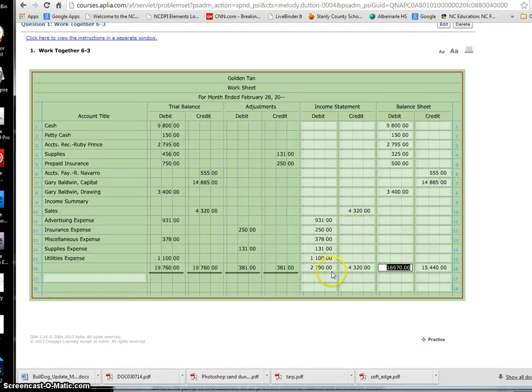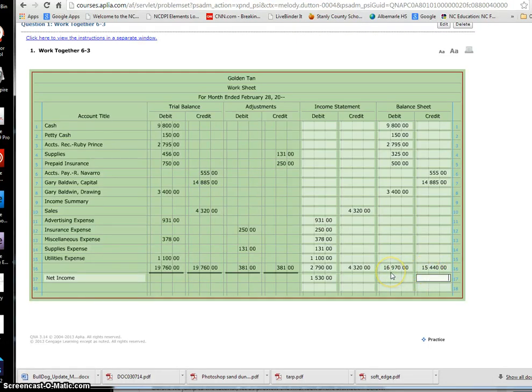If sales are greater than expenses, you have net income. So we're going to record net income. If you subtract $27.90 from $43.20, you get $1,530. All right? Sales minus expenses gives you $1,530, and that is your net income. You're going to take this same amount, okay, and you're going to put it underneath this one.